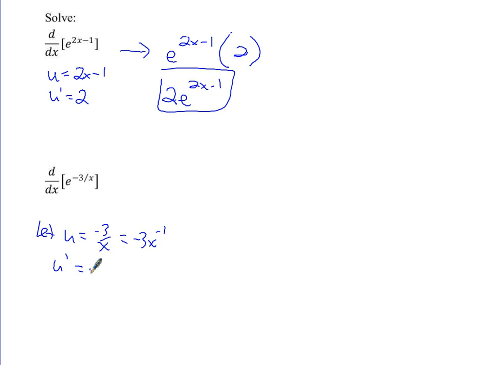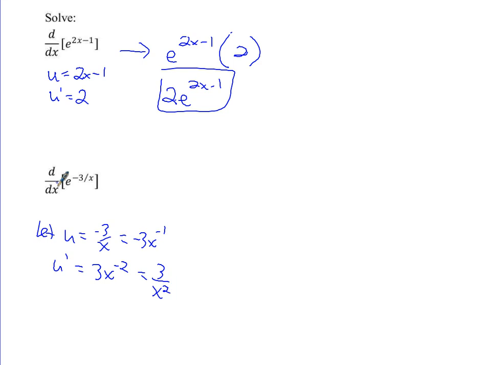Good. Remember, we're taking the derivative, which means the exponent decreases by 1. It kind of seems like there might be a natural log situation here, but we're taking the derivative. We're not integrating. So the negative 1 comes down and becomes positive 3x to the negative second power, which makes it 3 over x squared.